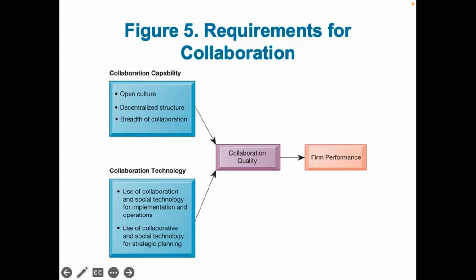Take this seriously, because the crux of collaboration relies on what? This. We all know the different kinds of collaborative technologies, but we must understand that without the capability, the technology is what? Useless. That is how come an organization will procure technology and not use it.